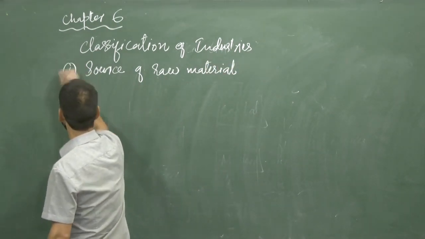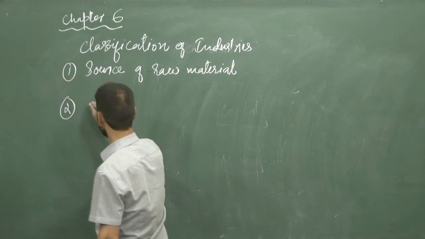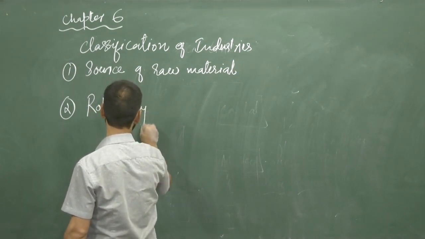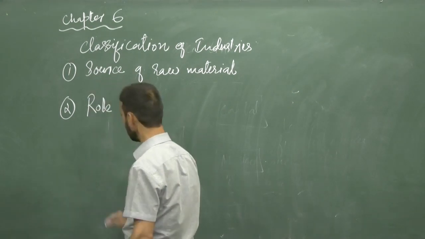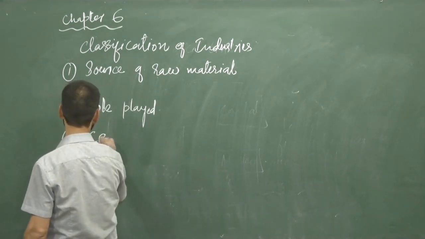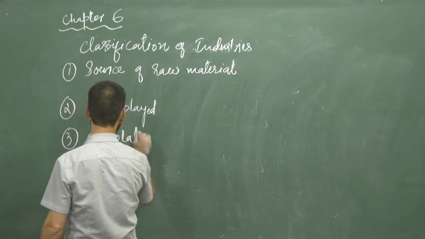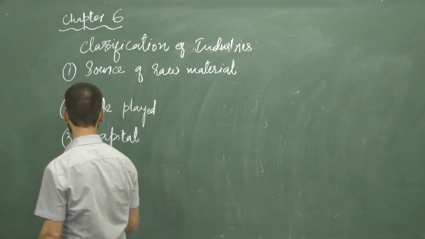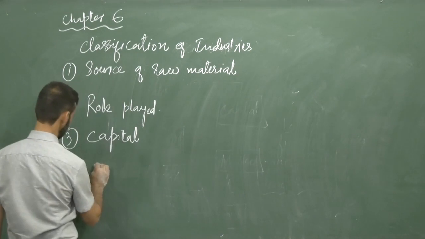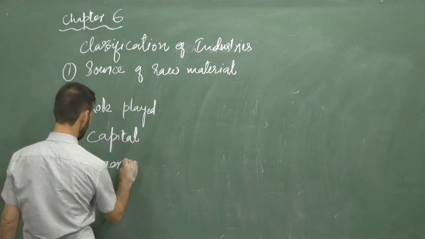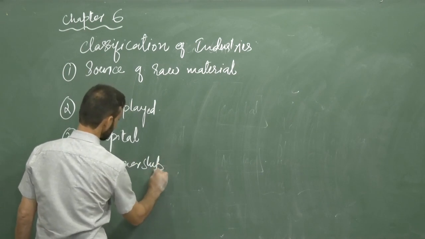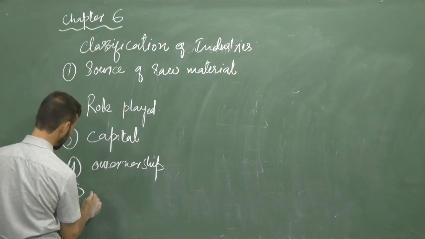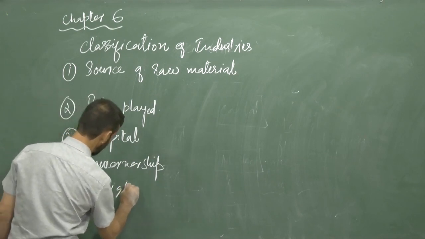Number two, on the basis of role played. Number three, on the basis of capital. Number four, on the basis of ownership. And number five, last one, on the basis of weight of raw material.